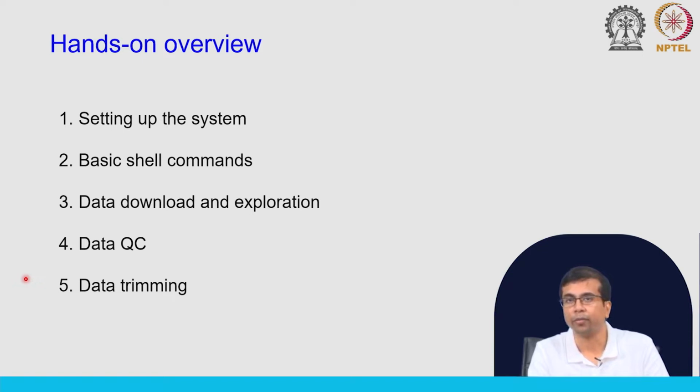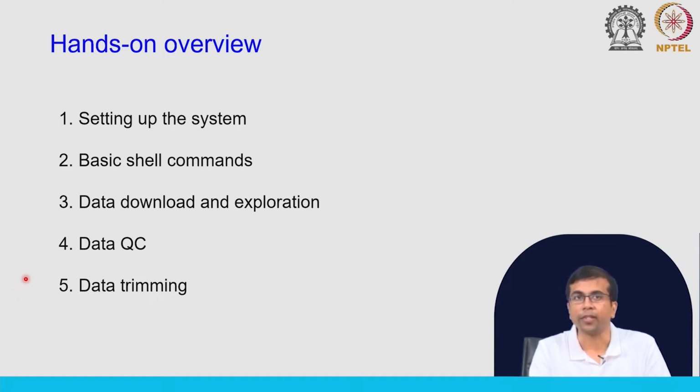I will show you how we can download some of these NGS data sets and explore the data ourselves. The fourth part is data QC, how we actually do the quality control. We will run this quality control on a real data set, and finally, we have the data trimming or pre-processing step if required, and again with real data we will do this step.